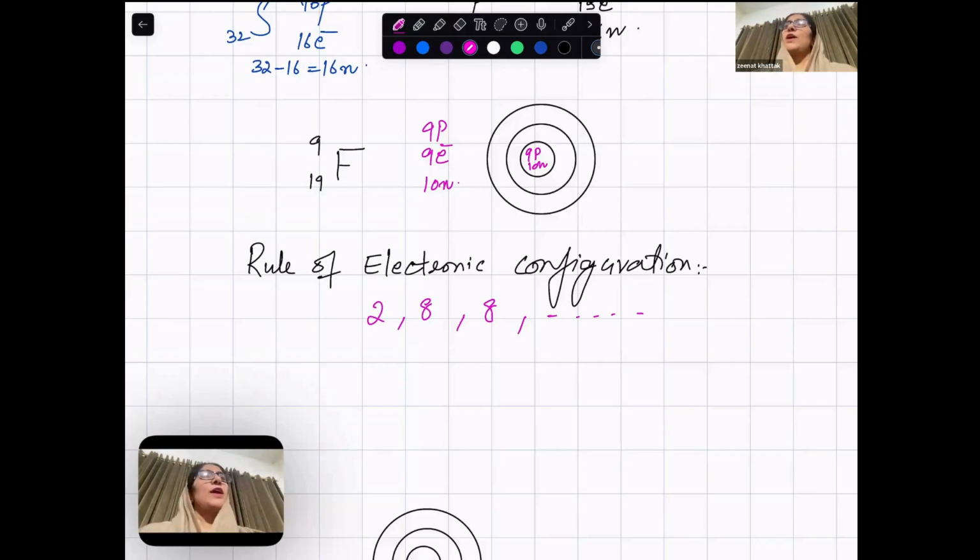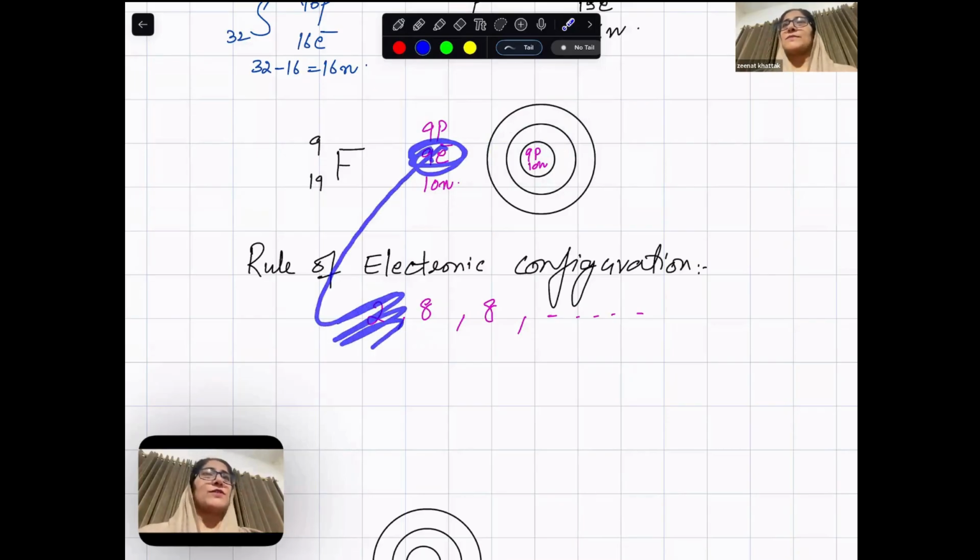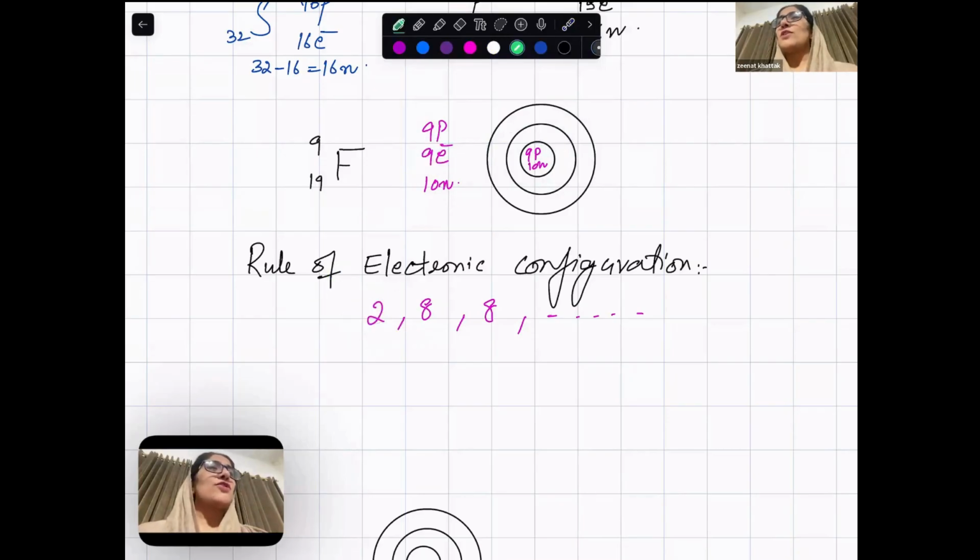Now, when my fluorine has 9 protons and 10 neutrons, how many electrons am I supposed to fill in? Out of 9, 2 are in the first shell. How many are left? 7.